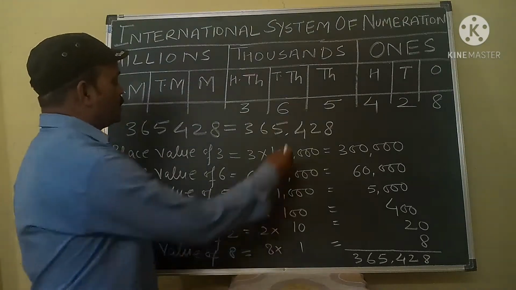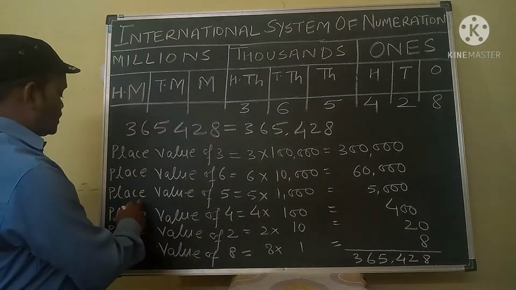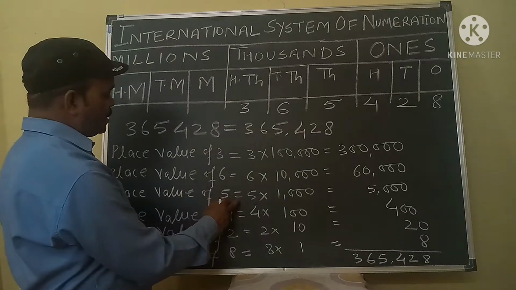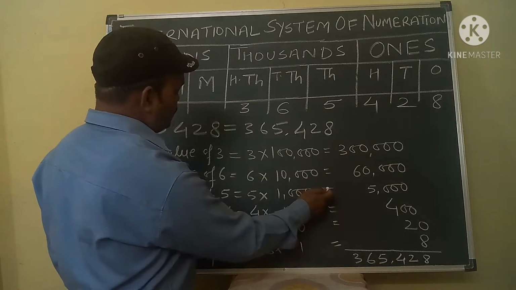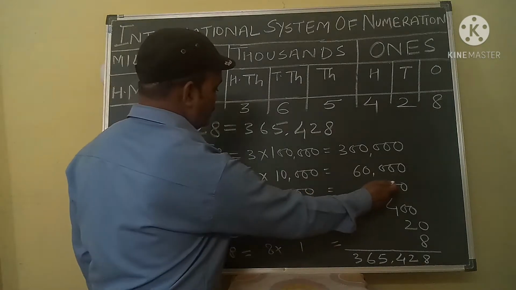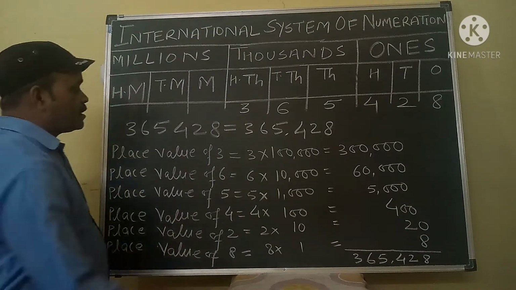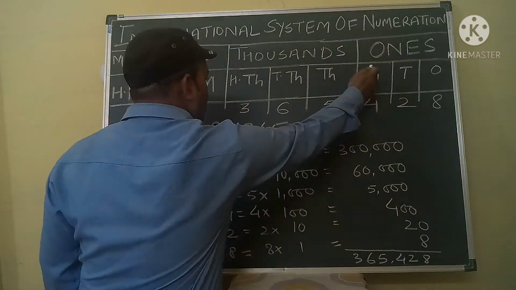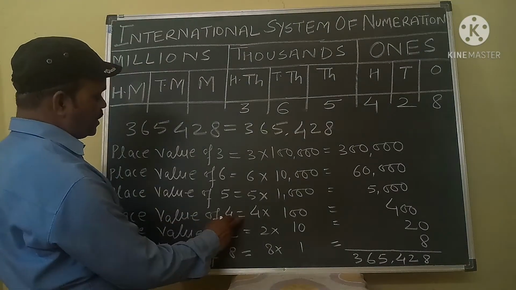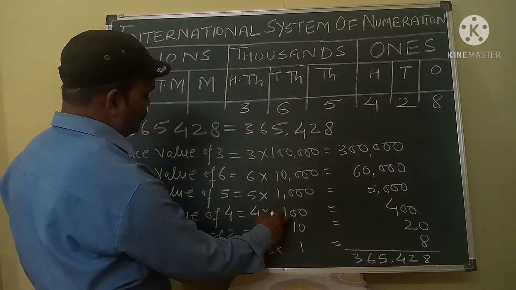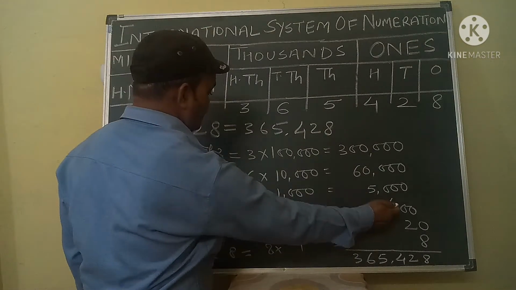Again, 5 is in the thousands place. Place value of 5 will be 5 into 1000. It will give you 5,000. Okay. Again, 4 is in the hundreds place. Place value of 4 will be 4 into 100. It will give you 400.